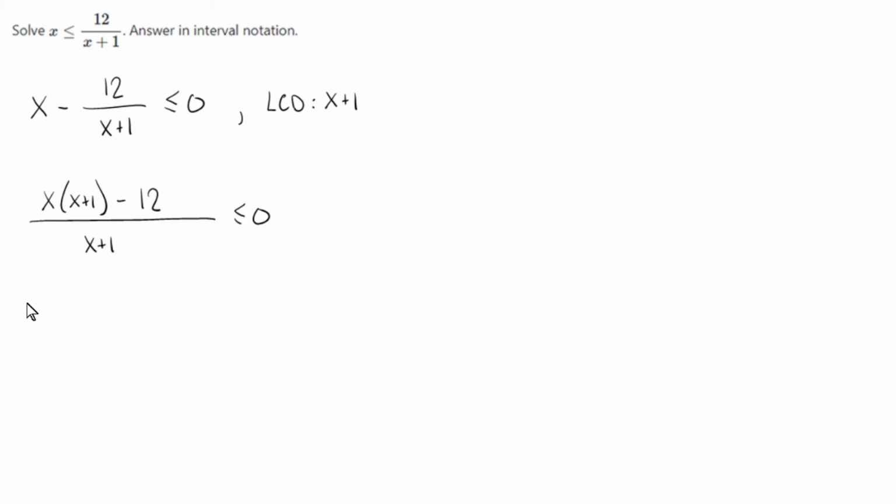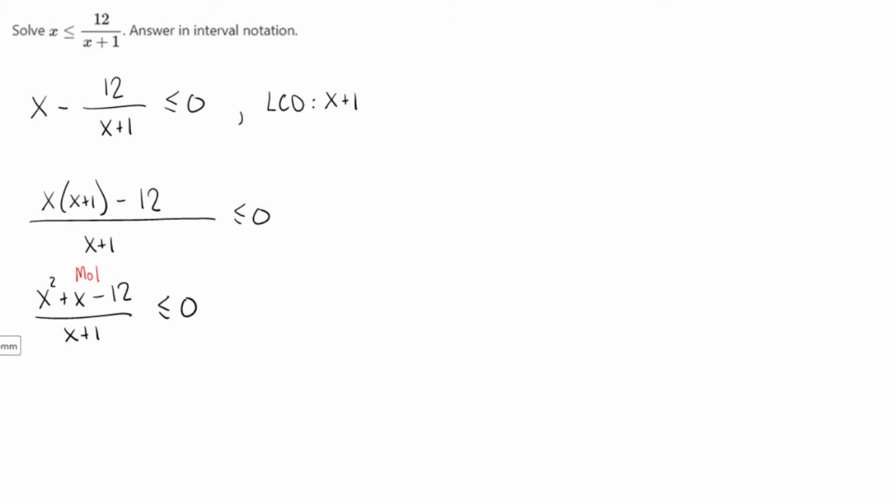Now we can expand the numerator. We're going to get x squared plus x minus 12 over x plus 1 is less than or equal to 0. Now, the numerator is a trinomial where the coefficient in front of the x squared term, a, equals 1, which means that we can try and factor this using the method of inspection.